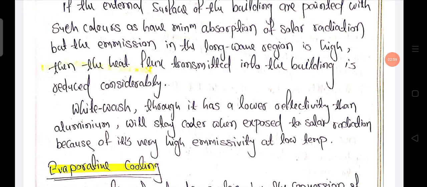That means we should use whitewash or white or bright color to cool our building.